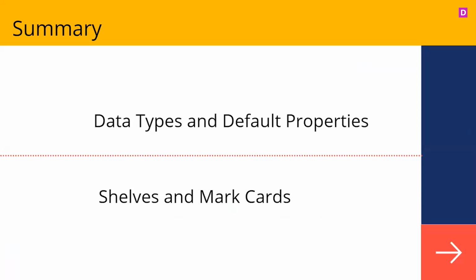At the end of the day, we are expecting Tableau to do a better visualization for us. In order to do that, we are assisting Tableau in setting up the right data types as well as the right properties.